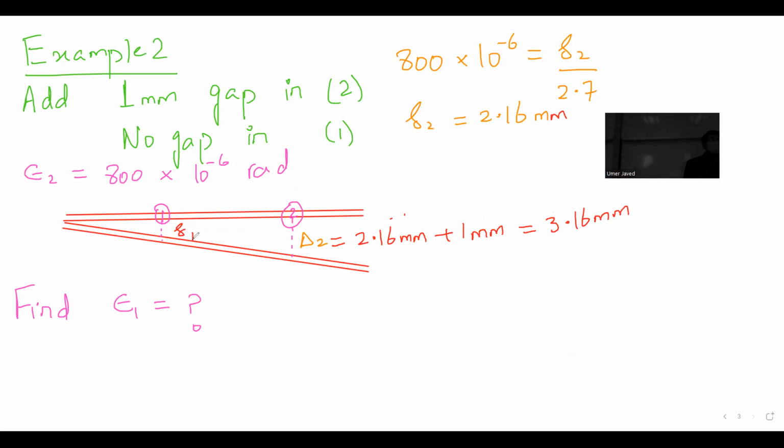So now the problem has changed. What was this dimension, by the way, so that we don't need to go back? This one was 2, and this one was 2.5. Now tell me delta 1.